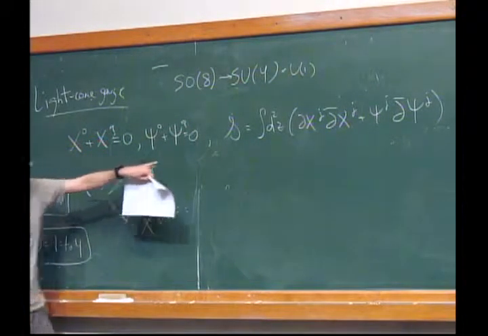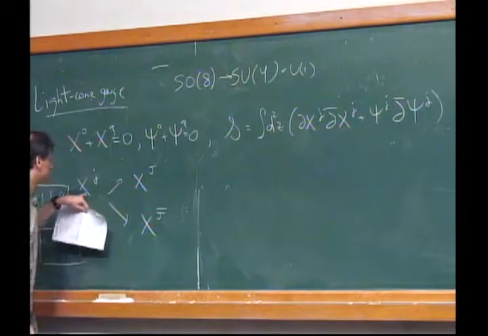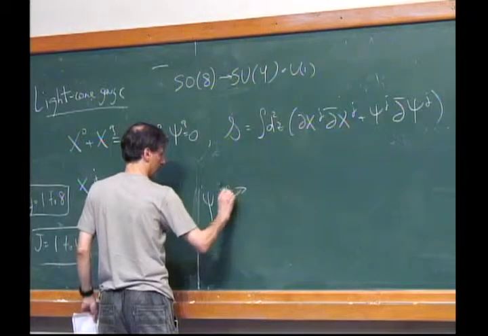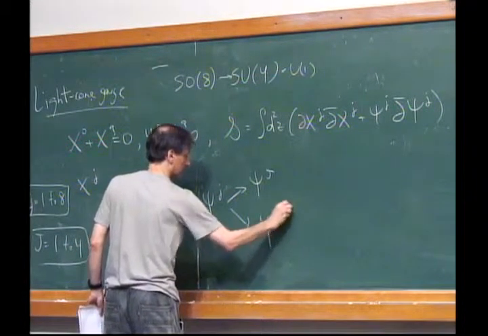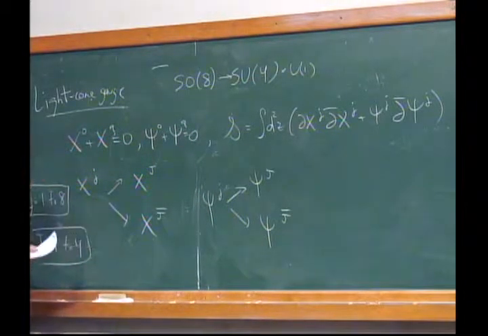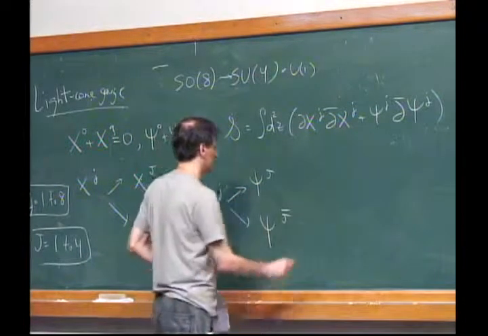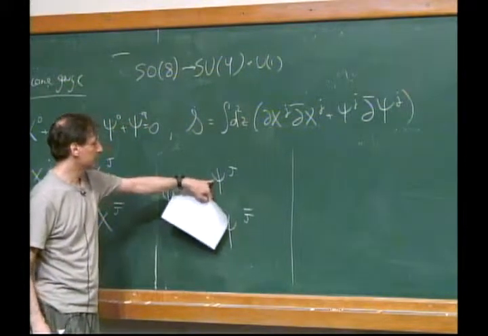So of course the action is SO8 invariant, but the idea is to break x and of course psi's into 4 complex pairs and use the property that these complex pairs can be bosonized.